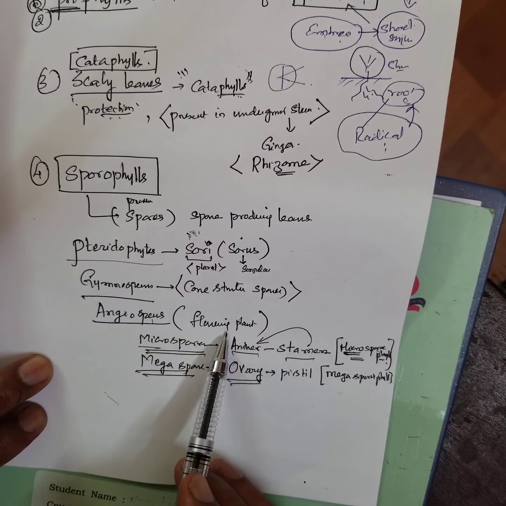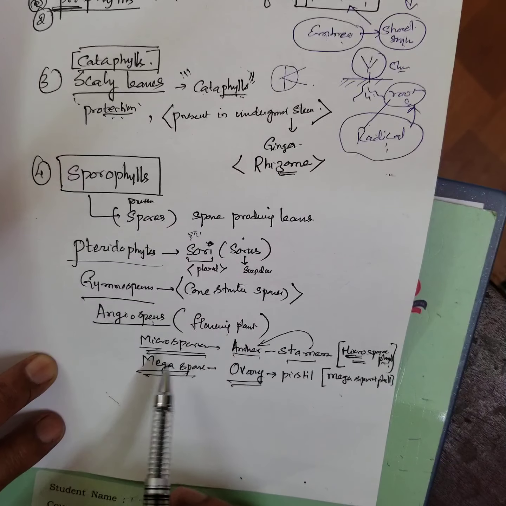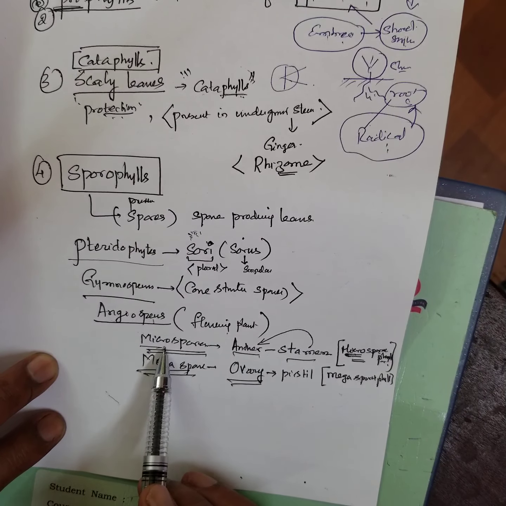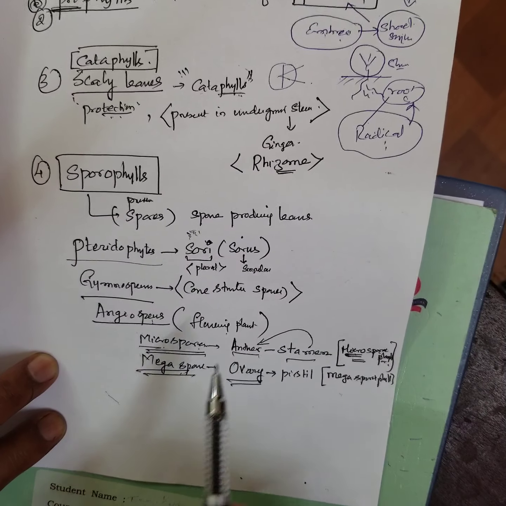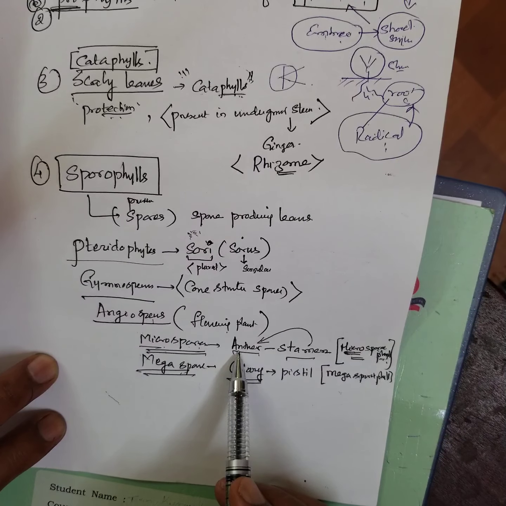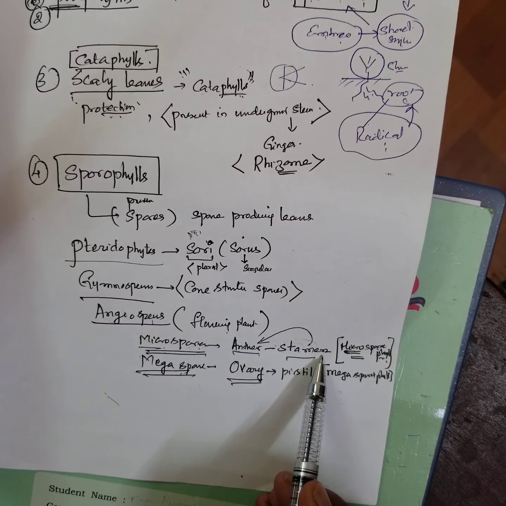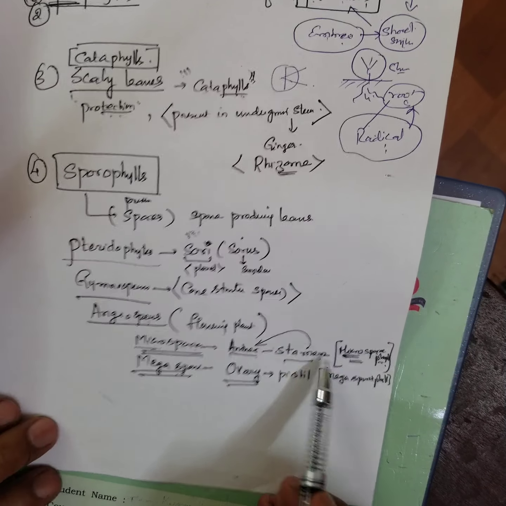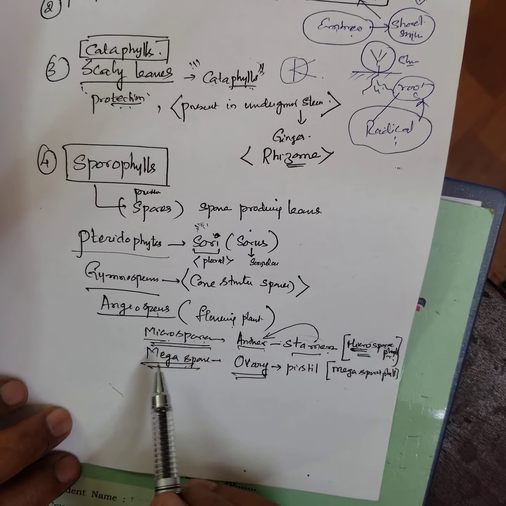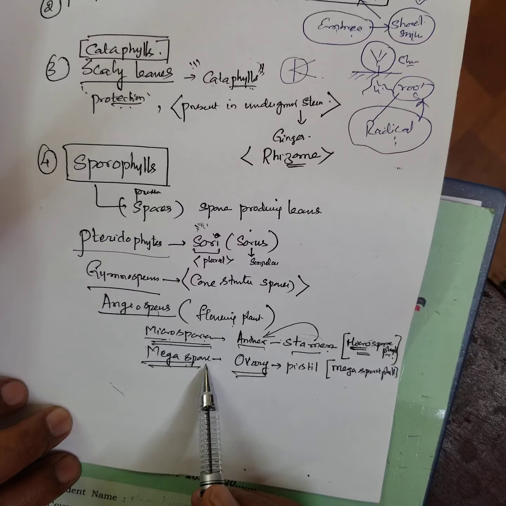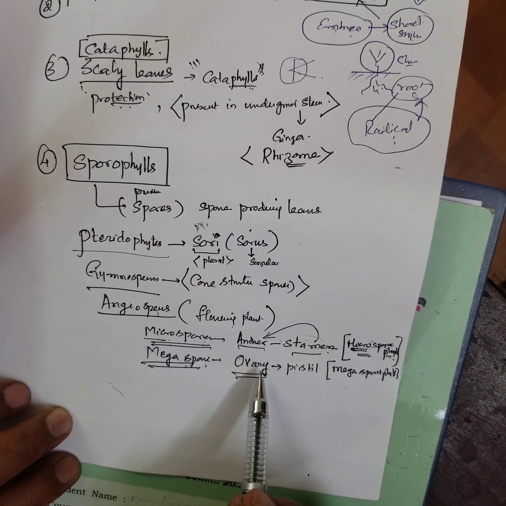Angiosperm, in flowering plants, we have got microspores and megaspore. Microspore is called anther. Anther is present in stamen, right? They are equivalent to microsporophyll. And next megaspore, it is in the ovary.